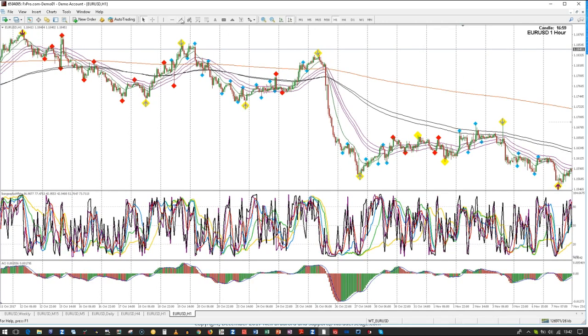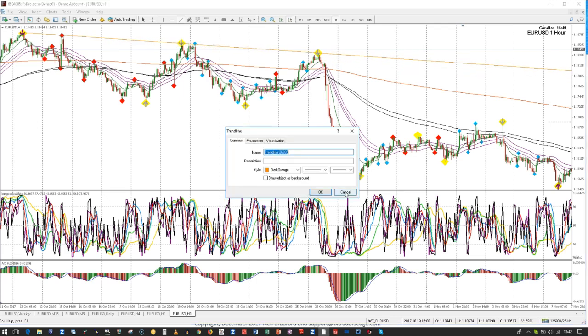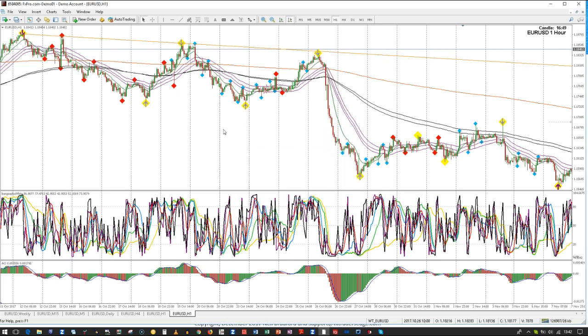Okay, so we draw the line from the previous royal through the yellow semaphore on the same side of the wave. Now that one is obviously way out. That's far too far away from price. But as price moves, we move the trend line down and we keep it on the nearest yellow.